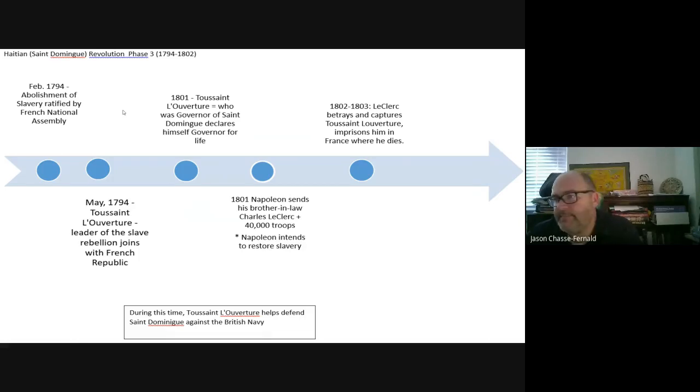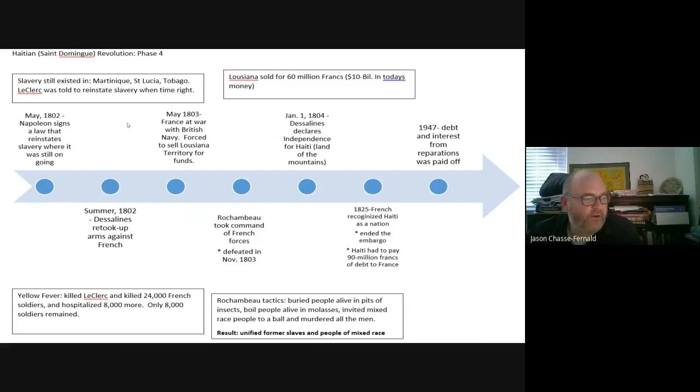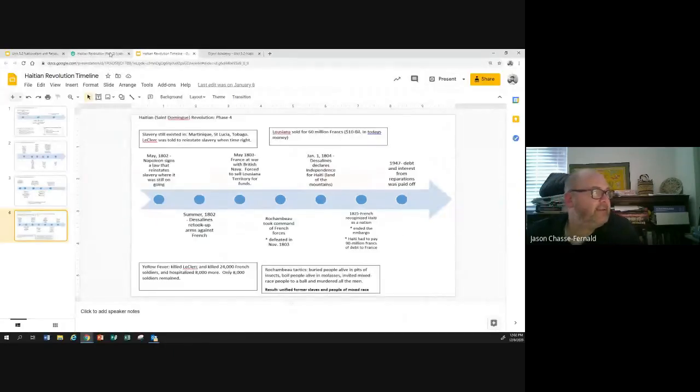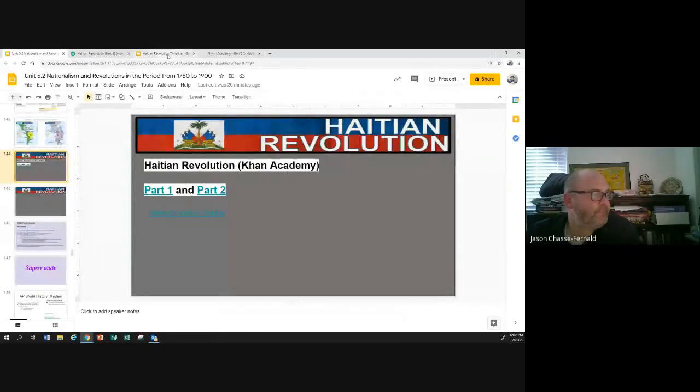And lastly, for phase 4, this is what your information should largely look like. Those are the ideas I'm going to be looking for in class when you bring those in.